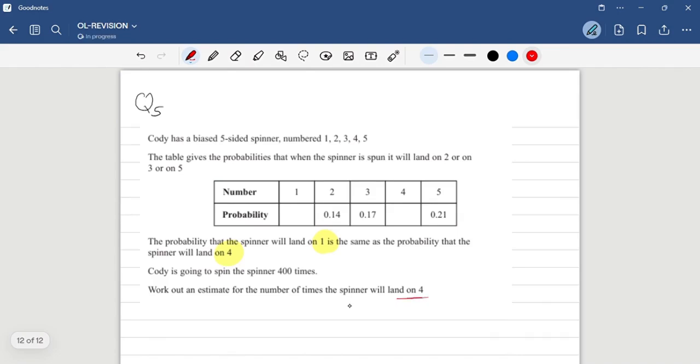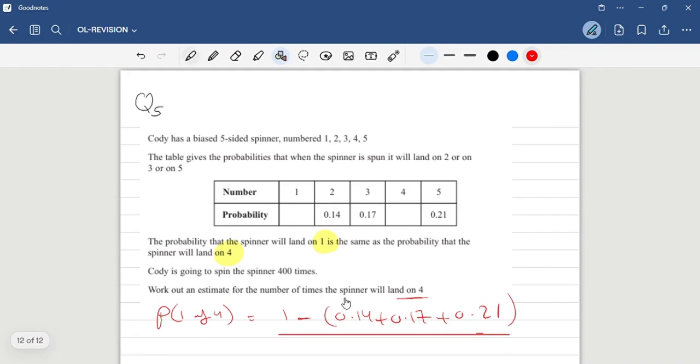As long as I know the total sum equals 1, the probability for 1 and 4 will be 1 minus the sum of 0.14 plus 0.17 plus 0.21. This all has to be divided by 2, of course. So I will figure out that it equals 0.24.